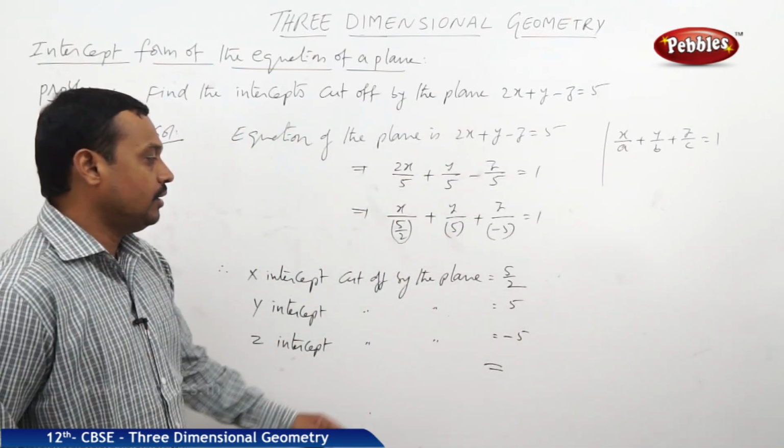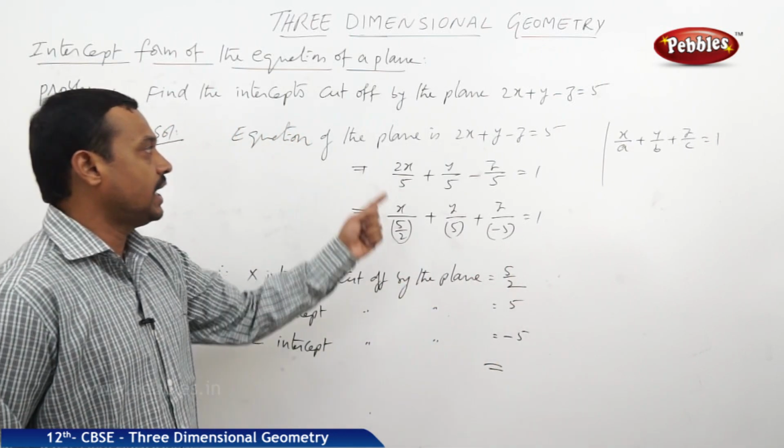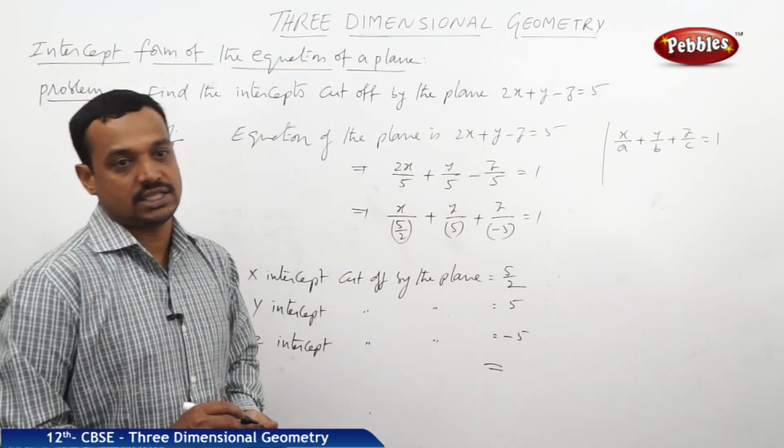Therefore, 5 by 2, 5, minus 5 are the intercepts made by the plane on the coordinate axis.